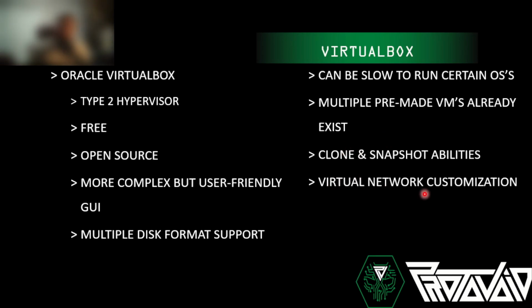And then you have the virtual network customization. So with VirtualBox, you can have a Kali Linux machine, and you can have a Windows machine, and you can have a Metasploitable machine if you can get it to work. I've never been able to, but again, I break things. Have them all on the same virtual network within VirtualBox.